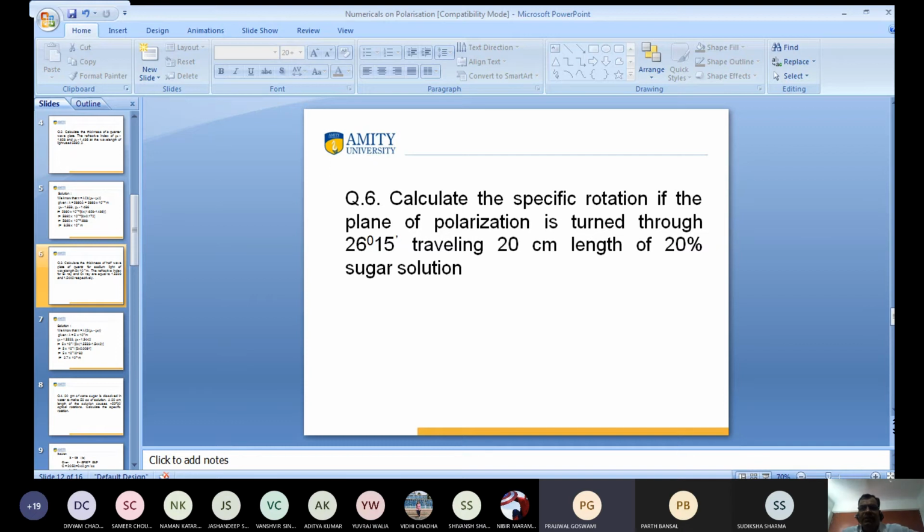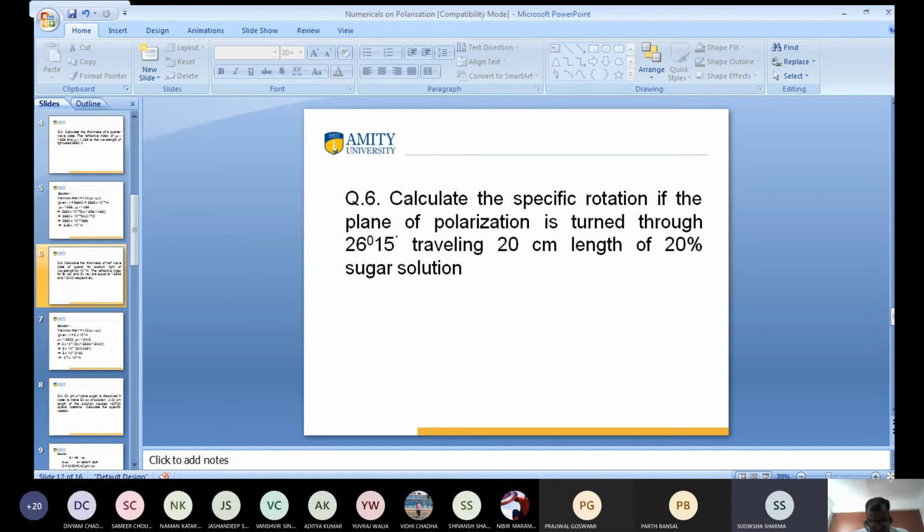Tell me what is the final result? Adit Rajput. Sir, 66.25. Where are you making the mistake, Sudiksha?